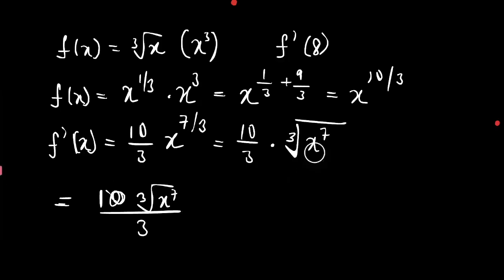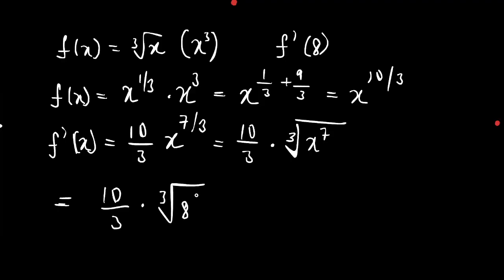But since we are not exactly looking for the derivative, but we're looking for the answer, what is f prime of 8? That's the answer we're looking for. So we can leave it like this if we so choose, and just write 10/3 times the cube root of 8 to the 7th. We're substituting our 8 into our expression for the derivative.